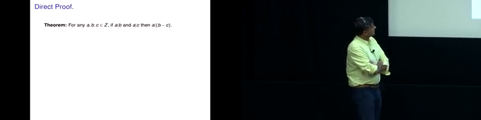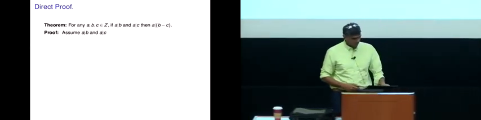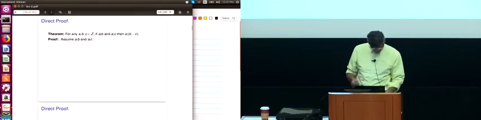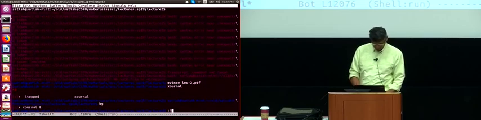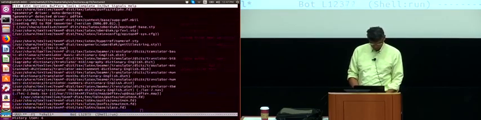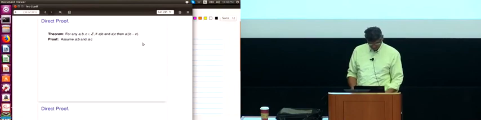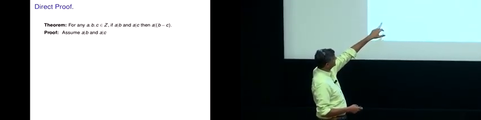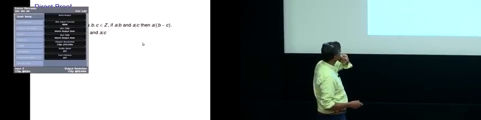Okay, so we're going to do a direct proof here. So what we're doing is we're assuming the P part of the statement: A divides B and A divides C. So we're going to assume that.